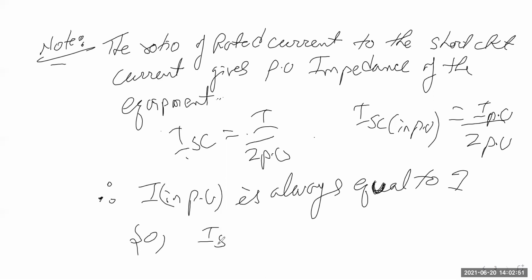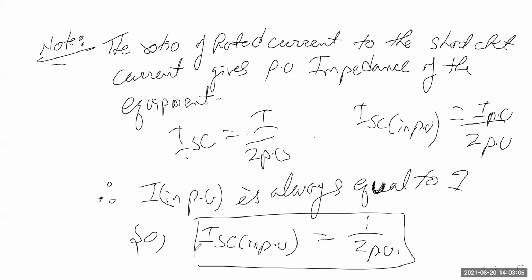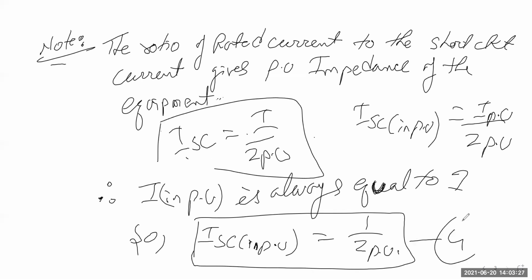So whenever we write ISC in per unit, it will be denoted by 1 by Z per unit. This is the terminology that should be kept in mind. Now this is your equation 4, that should be noted.